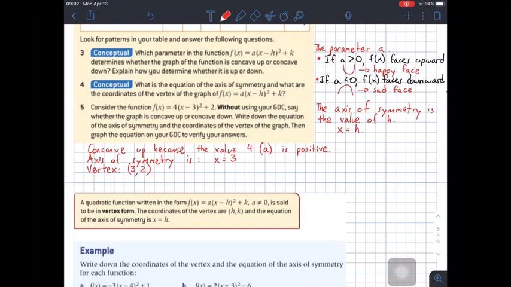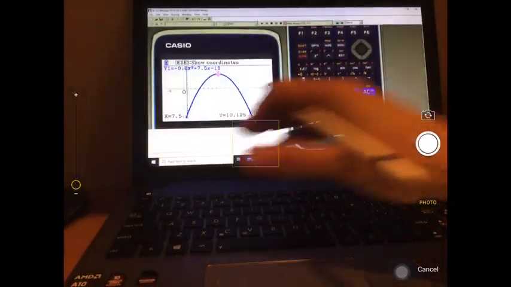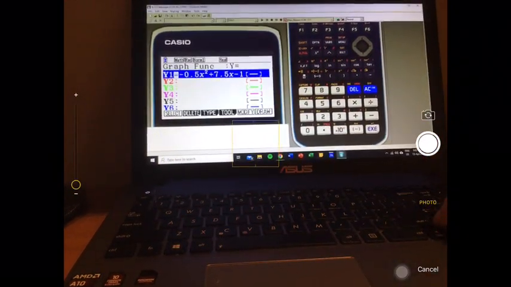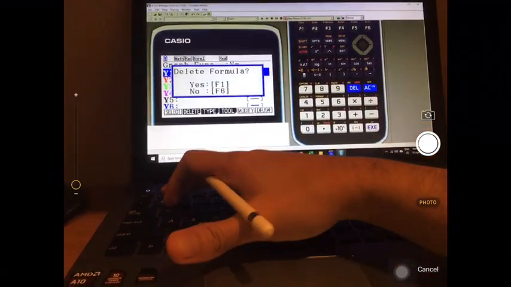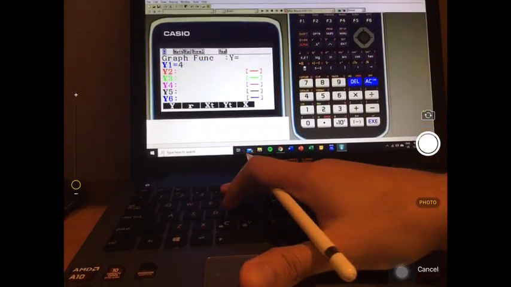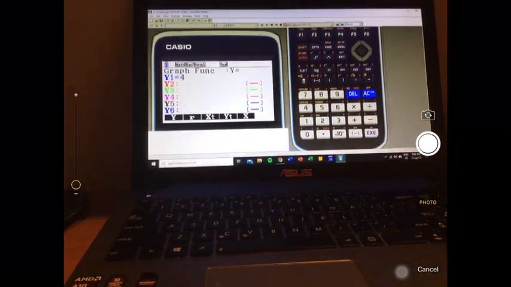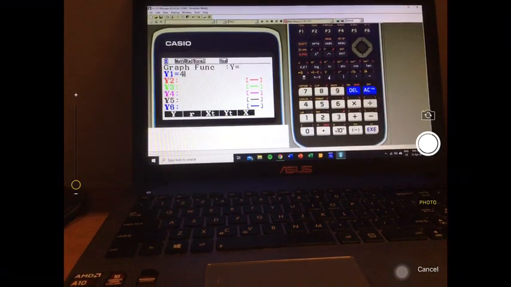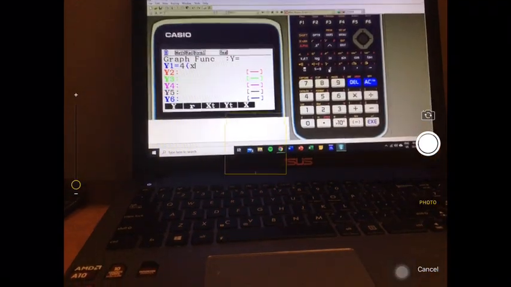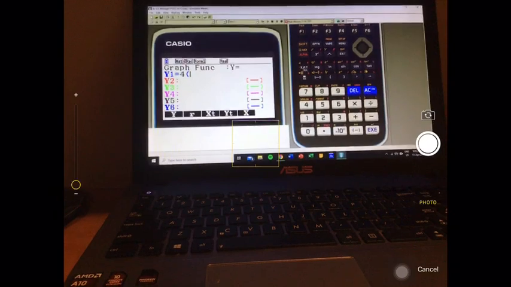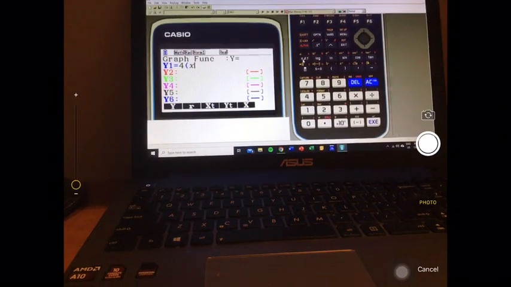Go to your calculator, go back, we're gonna plug in the equation. The equation was 4 parentheses x, what were the coordinates? I remember.